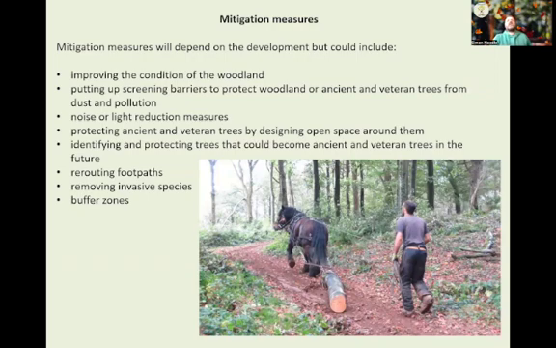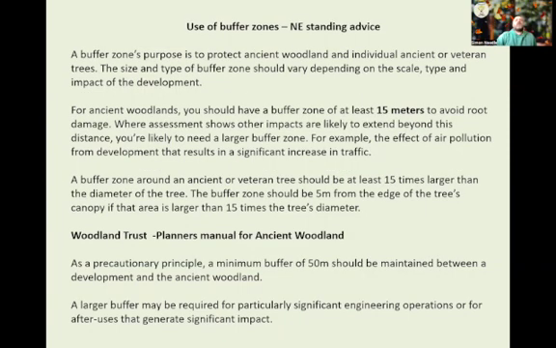Mitigation measures will depend on the type of development, but could include improving the woodland, putting up barriers to screen or protect it, reducing noise and light pollution, protecting the ancient and veteran trees by designing open space around them, and putting buffer zones in. At the moment, the NPPF says that a buffer zone around an ancient or veteran tree should be at least 15 times larger than the diameter of the tree.